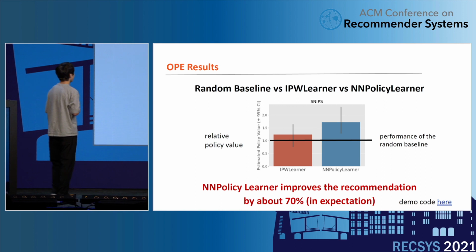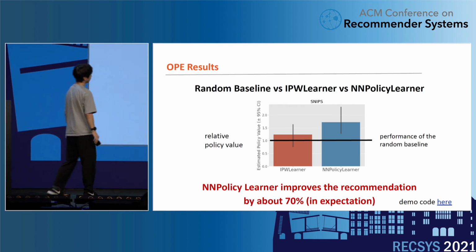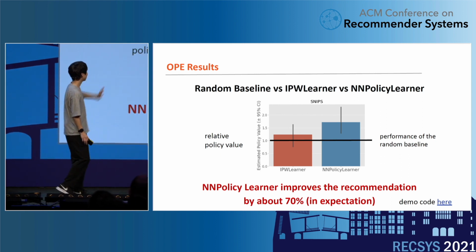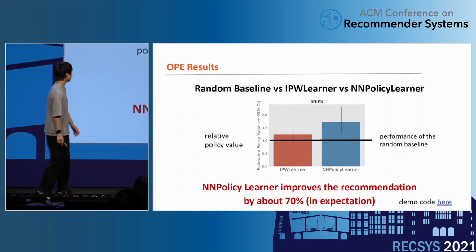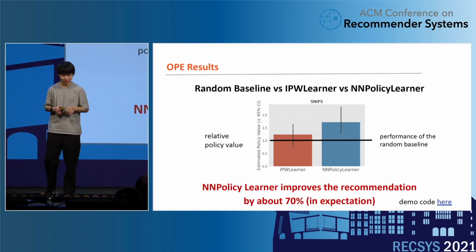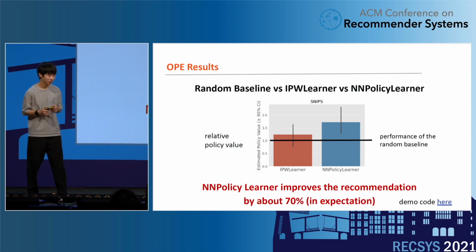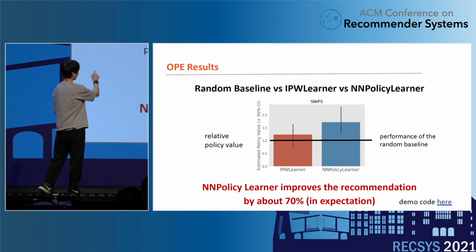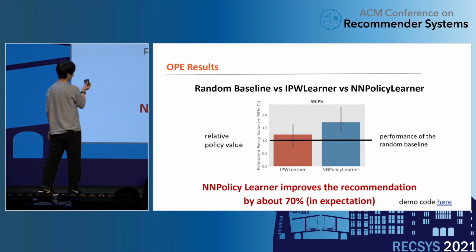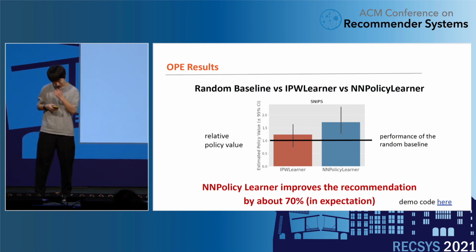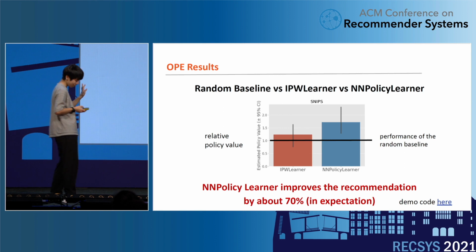We see that the red bar, the IPW learner just using a random forest, in expectation outperforms the baseline random policy. But the black bar is a 95% confidence interval estimated with the off-policy evaluation method. So the lower confidence bound is below the random baseline when we use the IPW learner with random forest. So it has the potential to improve on the random baseline, but I think it might be a dangerous choice.